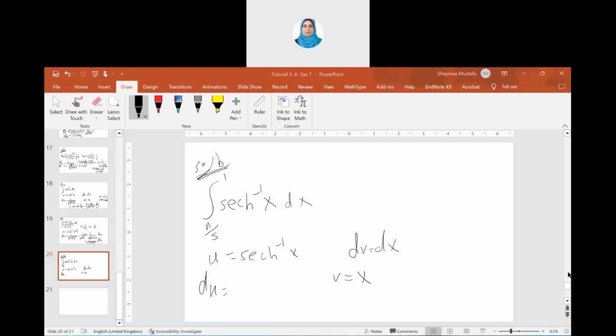Minus 1 over x square root of, I think, 1 minus x square. So now continue by parts.